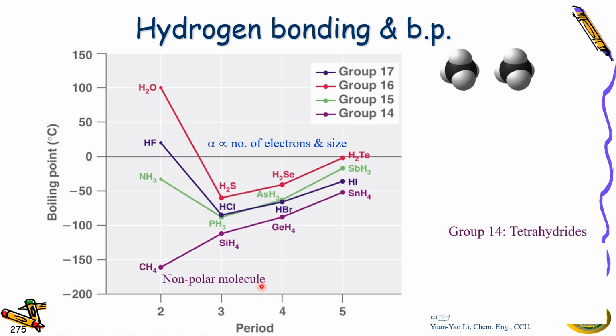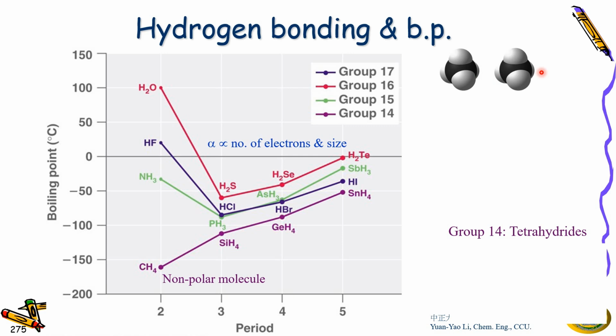You all understand this. If you regard this as carbon, with 4 hydrogens it will be methane, right? And if you replace the carbon with silicon, this one will become silane, SiH4. And we are talking about the interaction between these.